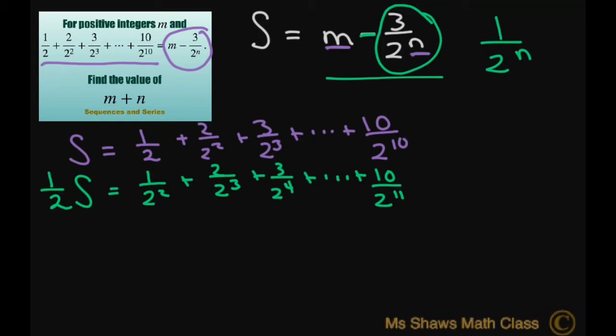All right, now what we're going to do is call this equation 1, equation 2, and we're going to take equation 1 and subtract equation 2. All right, and there's a 1 here.